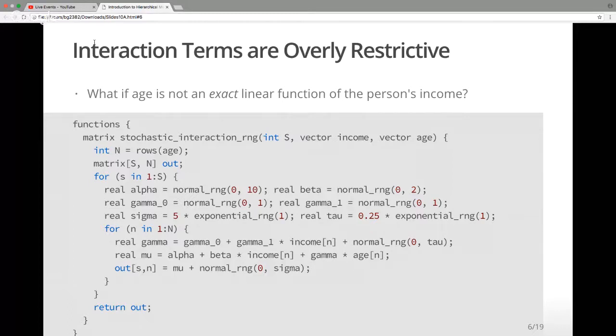We could proceed in much the same way with the same alpha, beta, gamma 0, gamma 1, sigma, but we now have an additional parameter tau that comes into the data generating process like this.